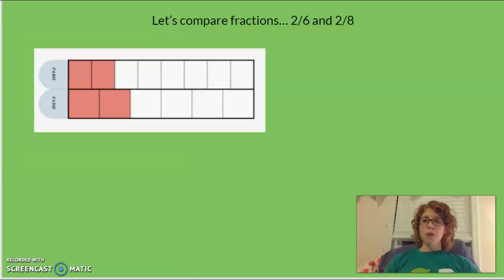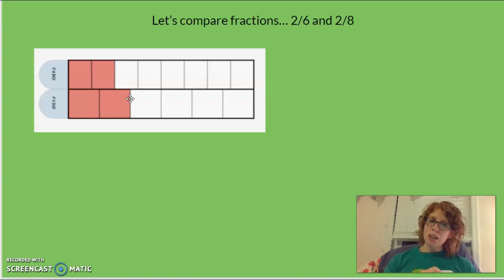Okay, so we're going to compare some fractions. I want you to grab out 2/6 and 2/8. I have them on the screen in front of you, but I want you to physically see them. Lay them out in front of you, and we can see that 2/8 is smaller than 2/6.